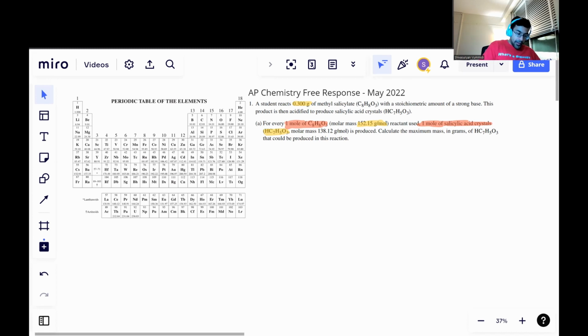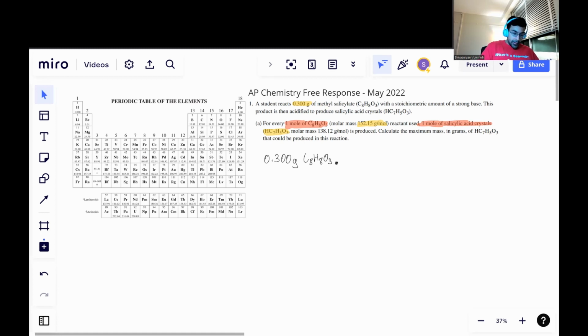We have 0.300 grams of C8H8O3, and we're going to multiply by what we call a conversion factor. The conversion factor is going to be our grams per mole. They gave us our molar mass. So if we want to calculate how many moles we have, in this case, we want to divide by the molar mass.